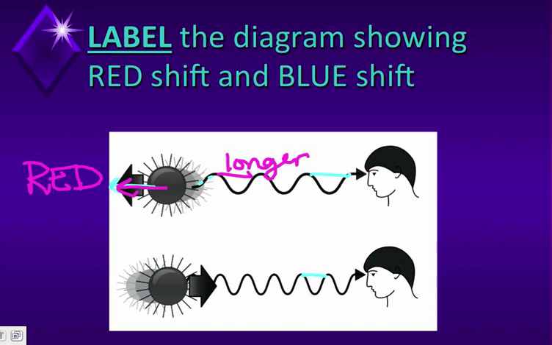And here, this lower one with the shorter wavelength, that's got to be my blue shift, where the star would be moving towards Earth. Again, looking at the spectrum change over time. I can't just look at one spectrum and make this determination. I have to track it over time.